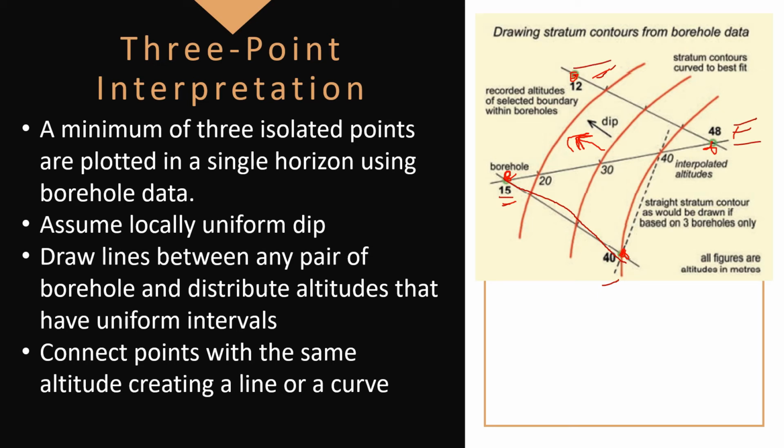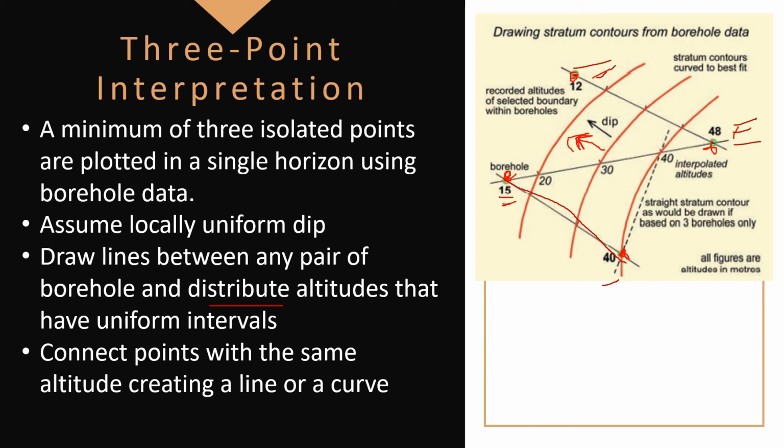So as you have witnessed, the lines are drawn within the pairs of boreholes that have a huge gap in terms of elevation, so that we can proceed to the process of distributing altitudes that have uniform intervals.